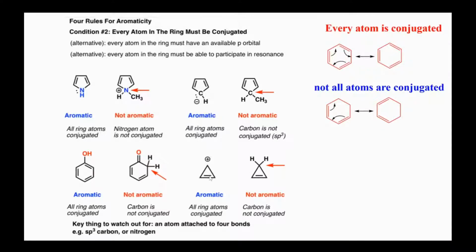Rule number 2 also says, in other words, it must be conjugated, hence this double bond is delocalized over the other 3 carbons, hence all ring atoms are conjugated. That's why it's aromatic. But if you look at this compound where we do not have any positive charge on this cyclopropene ring, there's a CH2 unit which is sp3 hybridized, hence it's not aromatic. So this is how we apply this rule to identify which compound is going to be aromatic or not.